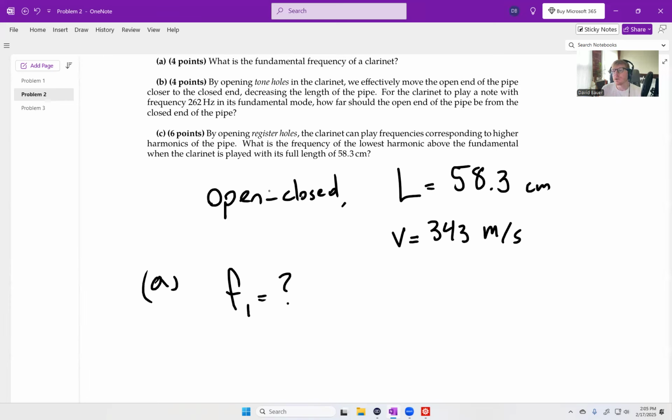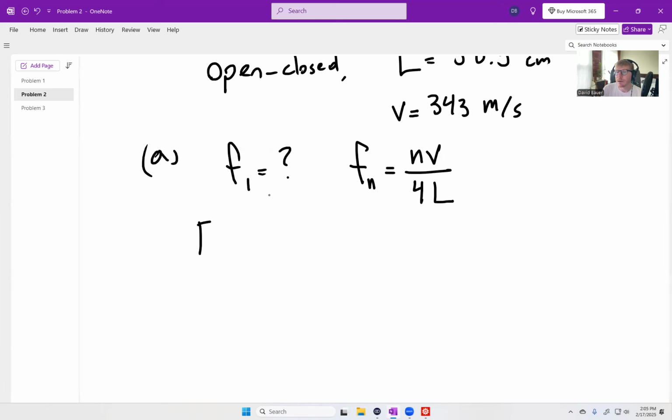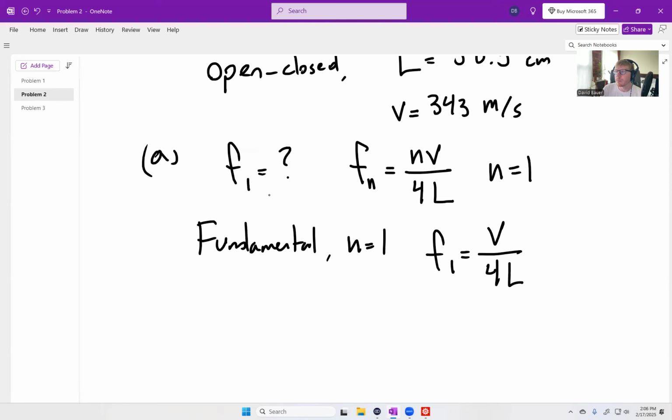Since it's an open closed pipe, we know that the formula for the harmonics is nv over 4L. And if I want the fundamental, that just means I want n equals 1. Right, remember n here can be any odd number, and n equals 1, that's our fundamental frequency.